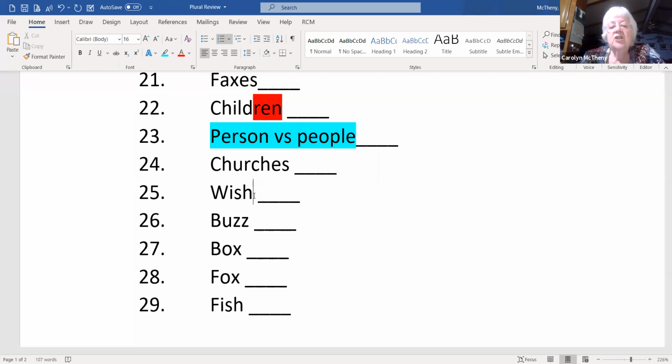See the CH and the SH? They're just alike. Wish. So how will we change wish to something plural? Let's put in an ES. Wishes. More than one wish.